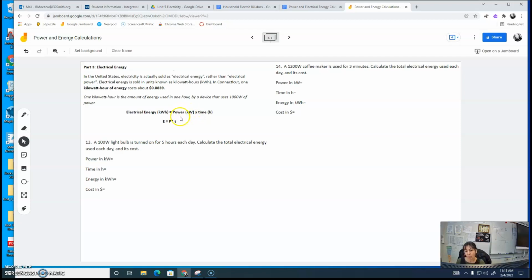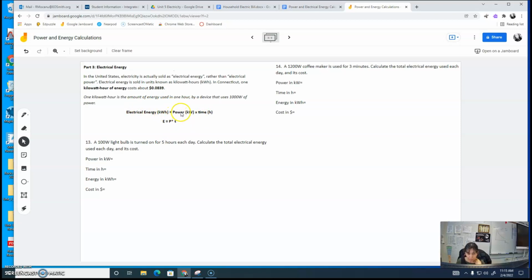When you run it for a certain time, for example, your stove at home, it uses a certain amount of electrical energy, which is something that you pay for, right? You all know that your parents, maybe yourselves, are paying for electrical energy. So that is what this equation tells us.